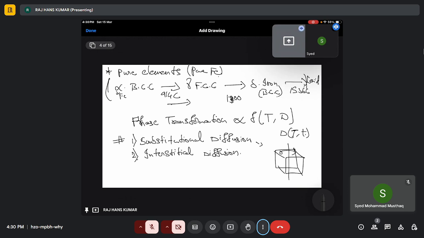Because the carbon atom is much smaller than the iron atom, it takes the interstitial sites. And what are those? They are called voids. And what are the different types of voids? Octahedral voids and tetrahedral voids.